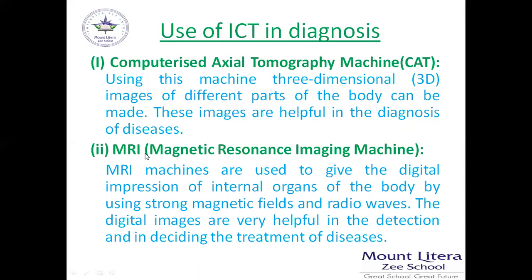Now MRI, magnetic resonance imaging machine. MRI machines are used to give a digital impression of internal organs of the body by using strong magnetic fields and radio waves. We'll see in the picture after this slide. The digital images are very helpful in the detection and in deciding the treatment of disease.